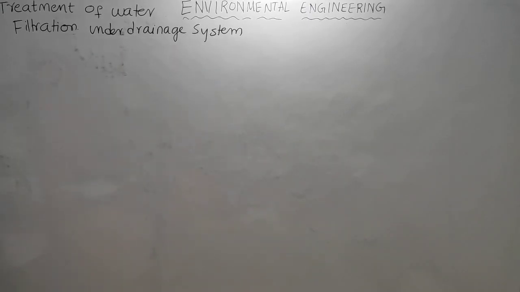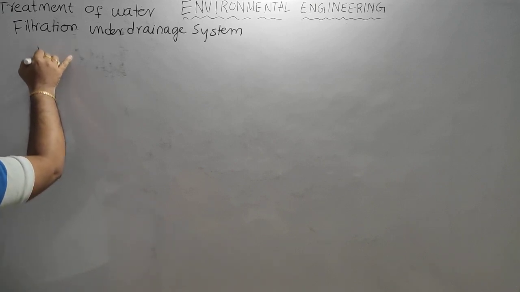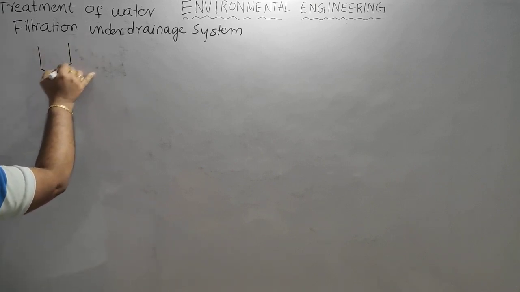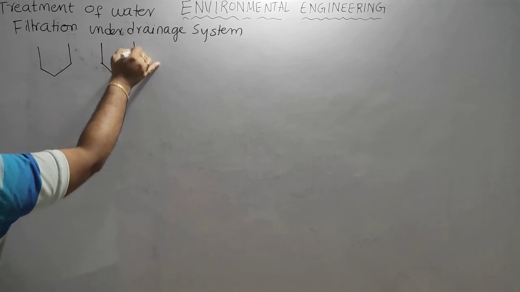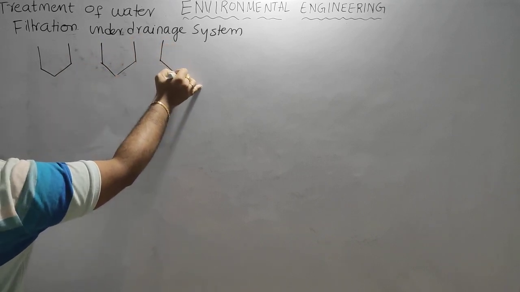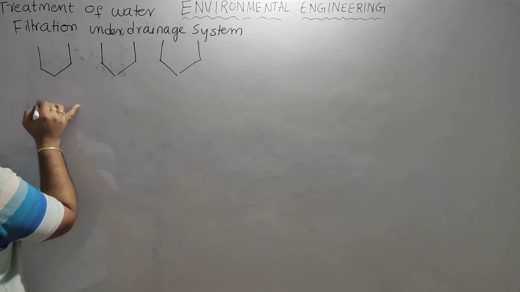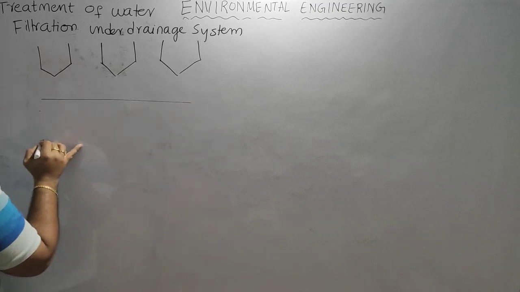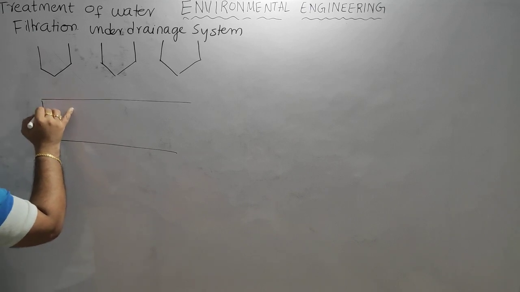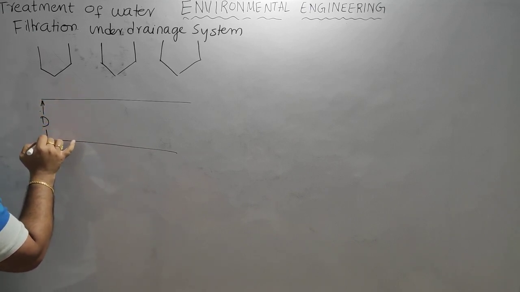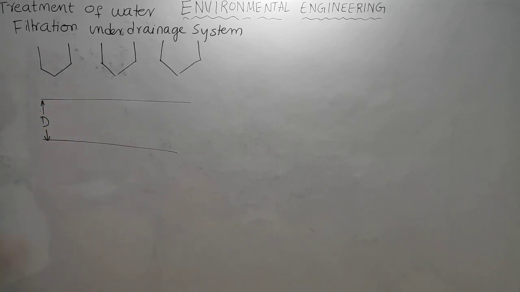Now when the sand media expands, how does it look? Generally, these are the wastewater troughs, which are above the sand filter media, and this is the depth of the sand. Let D be the depth of the sand.